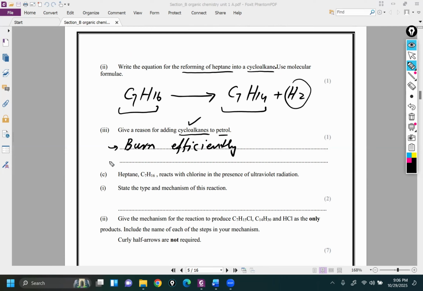This is a good option. So write down this, or you can also say it will prevent knocking. It will prevent pre-ignition. It will increase the octane number. So there are many choices. You can write any one of them for a single mark.